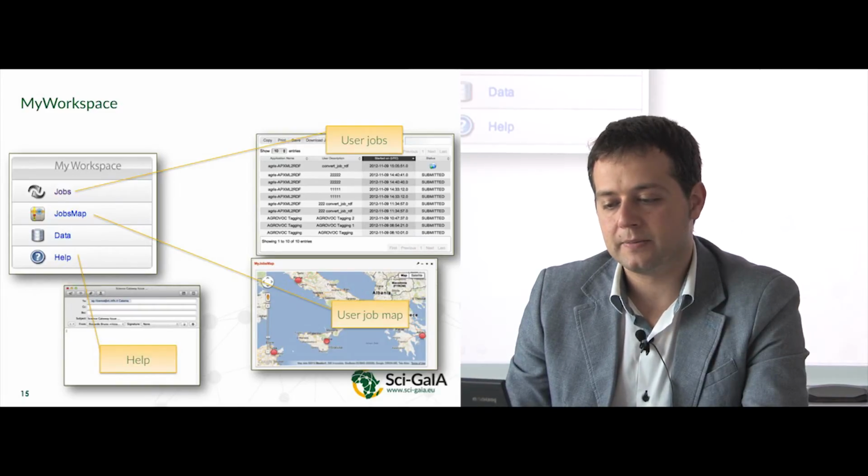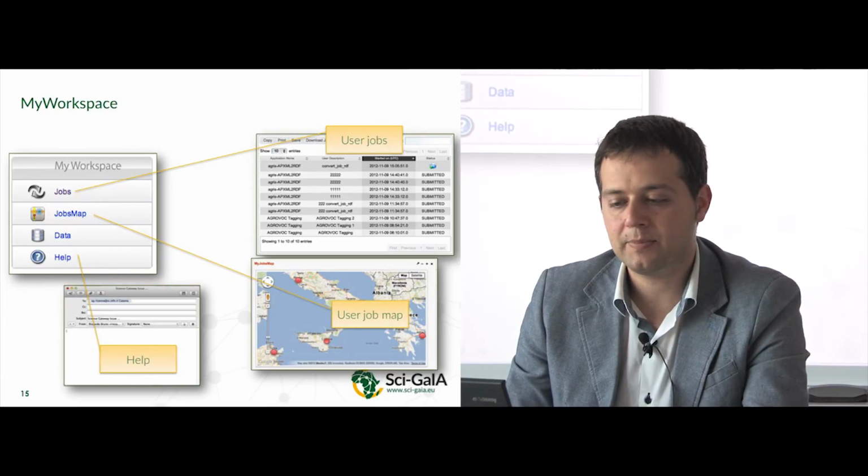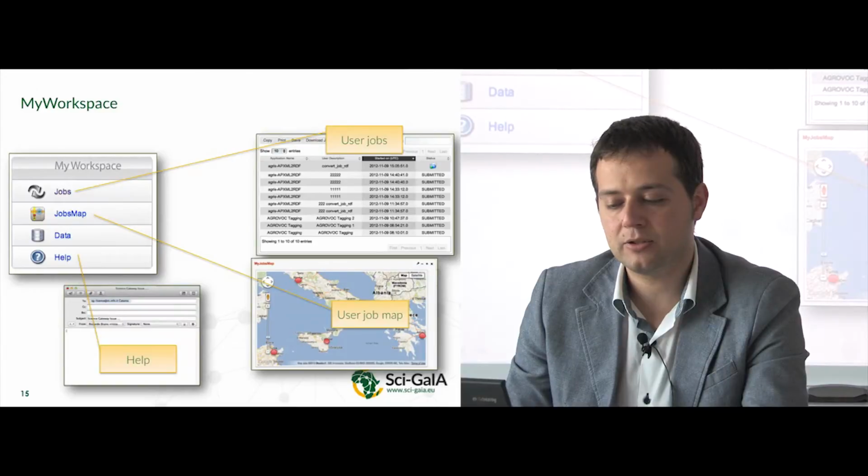The slide shows the My Workspace application. My Workspace, you can consider it like a menu, and in particular it provides a link to the My Jobs. It provides also a link to the My Jobs map that shows where your jobs are running, and also a link to provide support to your users.